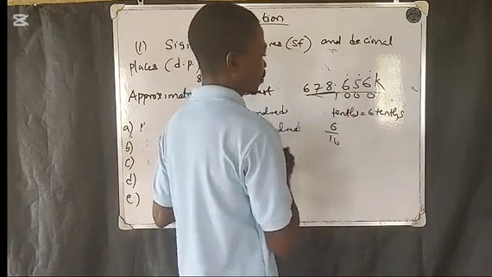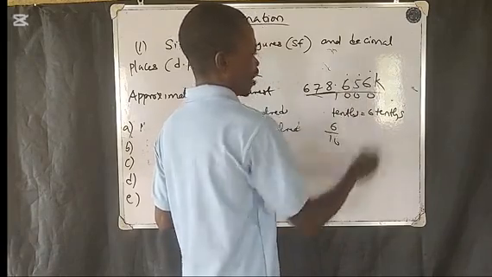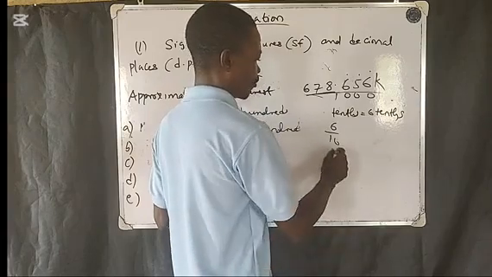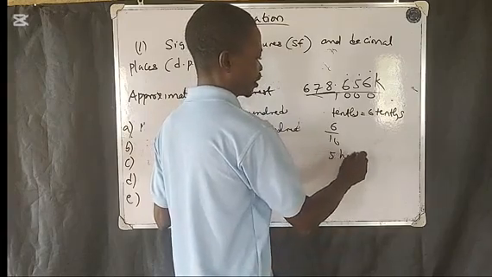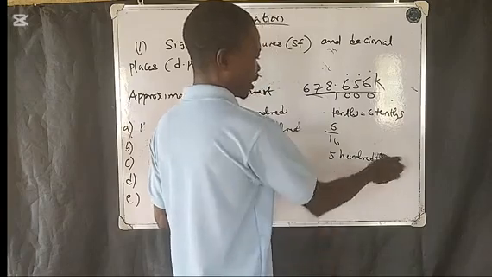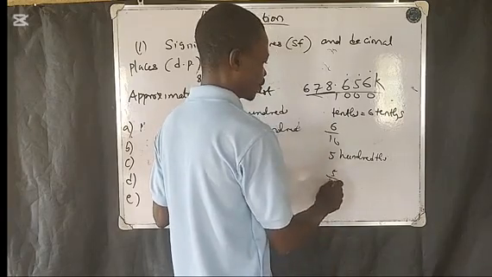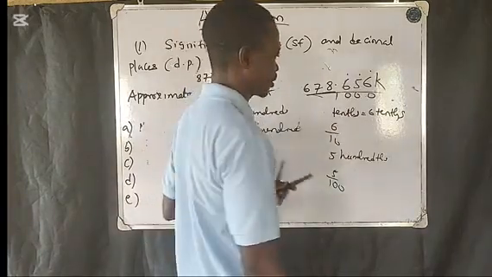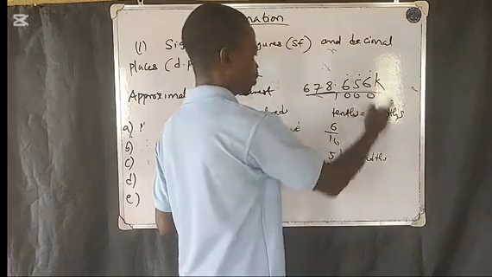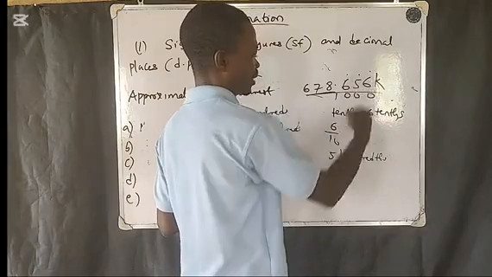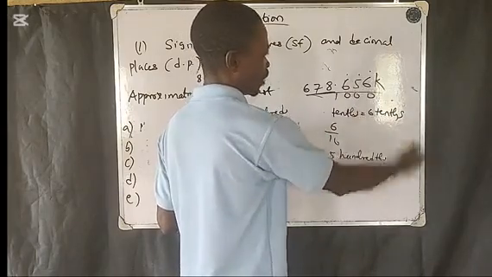Next, the place value of 5 here is hundredths. How many hundredths? 5 hundredths with th. Then 5 hundredths is written as 5 over 100. The place value of 6 here is thousandths, written as 6 over 1,000.